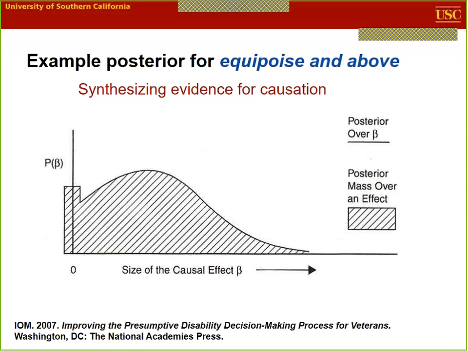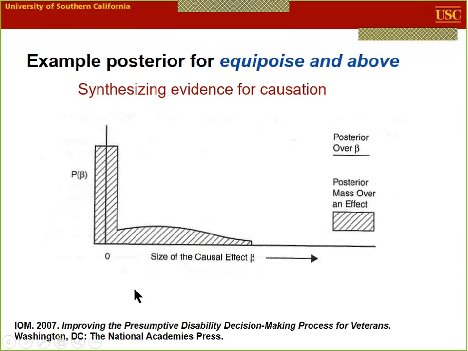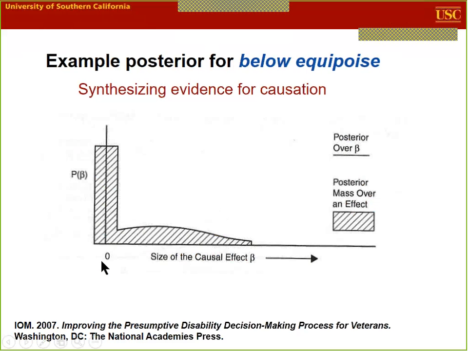Next, we have something where we've piled up a little bit more probability on no effect. We sort of shifted the distribution to the left, but we still have a long tail. This might be perhaps in the suggestive realm. And clearly, we would have most of the evidence above equipoise. Now, we're getting into a much more mixed picture. You can see we've got a lot of our probability piled up at no effect, and then some going on beyond it.